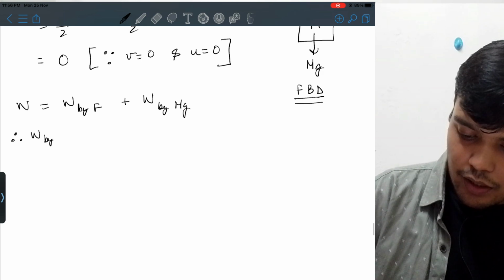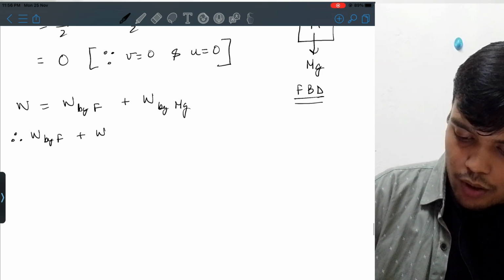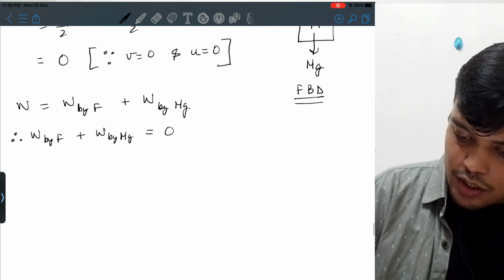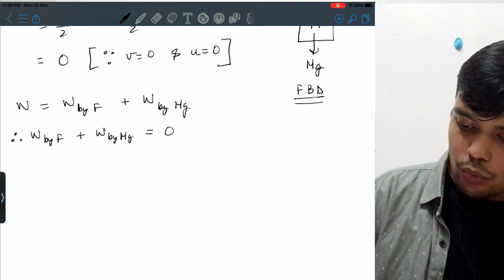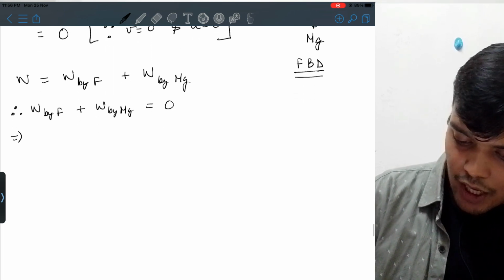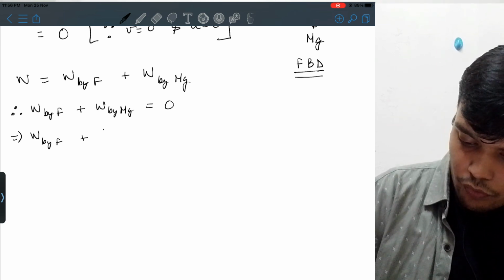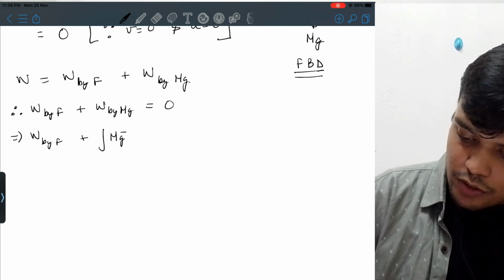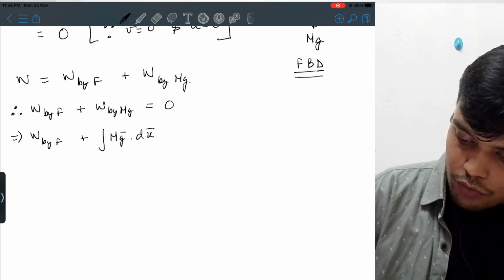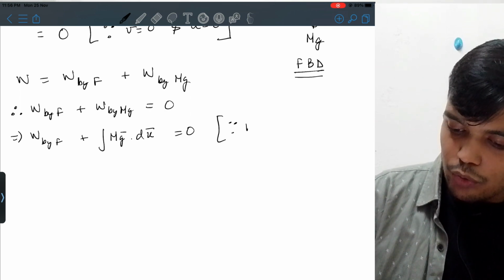Therefore, work done by F plus work done by mg is equal to 0, which can be written as work done by F plus integration of mg dot dx, which is equal to 0.